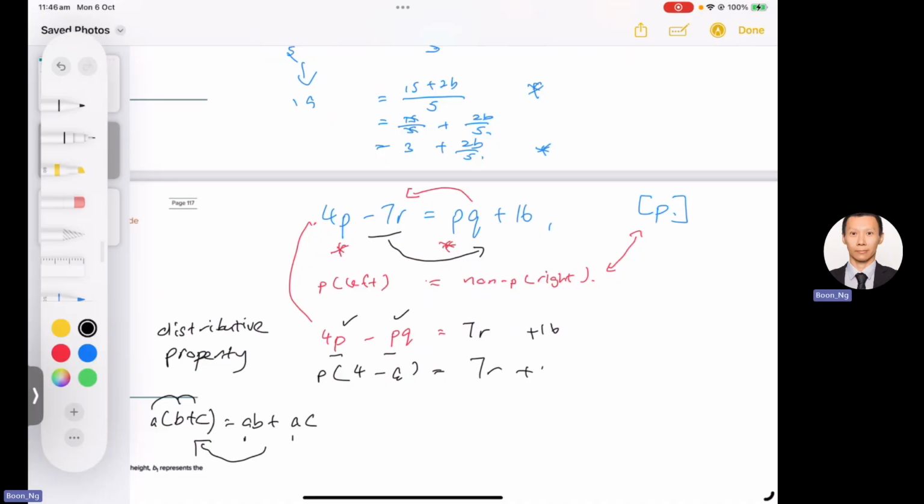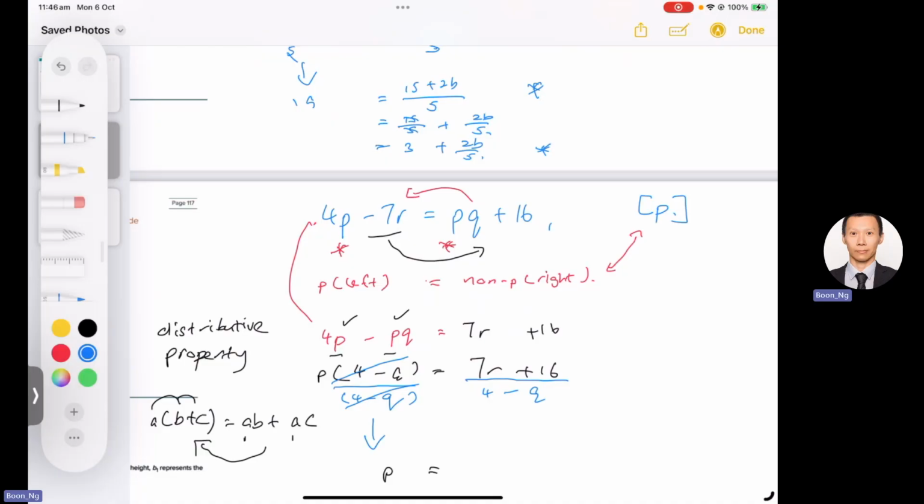equals 7R plus 16. Our ultimate goal is 1P, right? So what we need to do is divide the entire left hand side by a factor of 4 minus Q. We also need to divide the right hand side by a factor of 4 minus Q. These two go away.